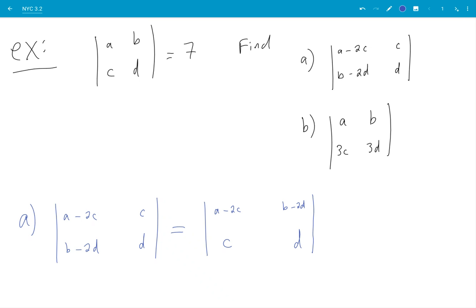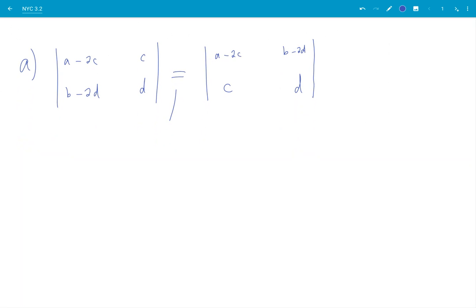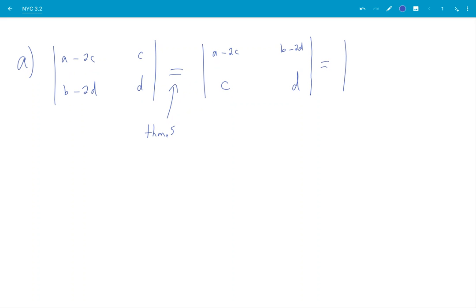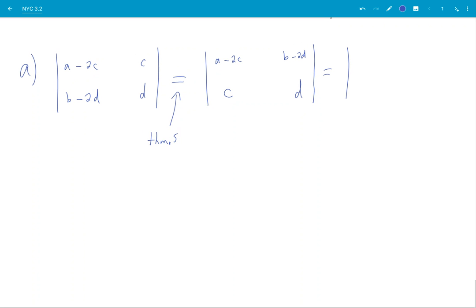Okay, transposing does not change the determinant. So this was, what was this? Theorem 5. And then I want the minus 2C and the minus 2D to go away.